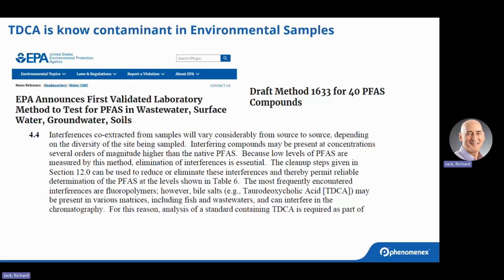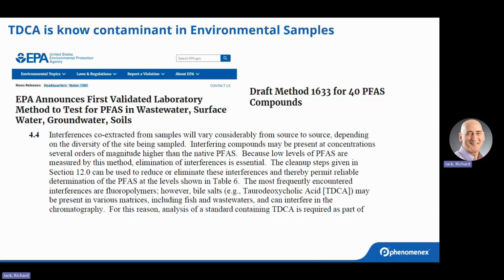So specifically, TDCA is a known contaminant in environmental samples, and just as an example of that, I'm going to talk about EPA 1633 for PFAS compounds. Many of you are probably very familiar with this method. I'm not going to talk about it too much, just how it relates to this TDCA problem. But there's a lot of discussion about the type of interferences that are co-extracted, and how there can be sections to remove and clean up in this method.